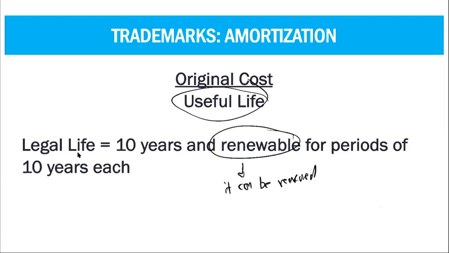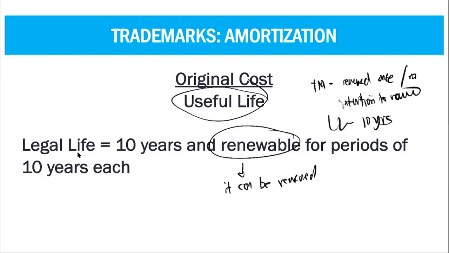However, if the problem says that the trademark can only be renewed once, or there is no intention to renew, then your legal life is 10 years. So you have now time to compare the useful life and the legal life, only if the problem states that the trademark can only be renewed once, or there is no intention to renew the trademark.